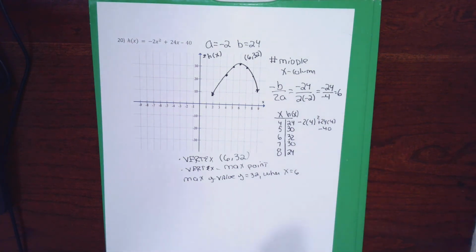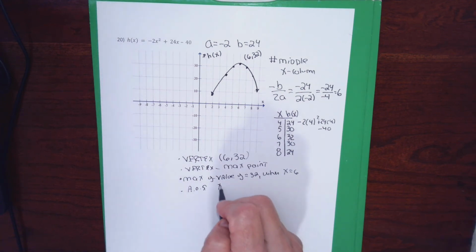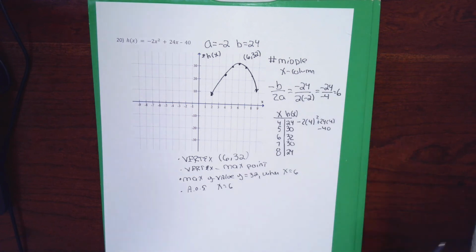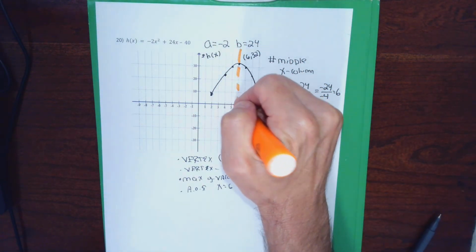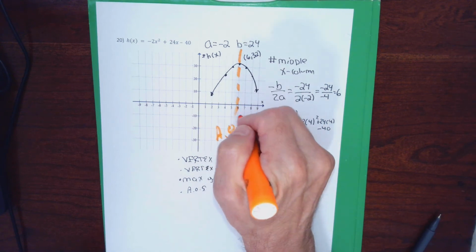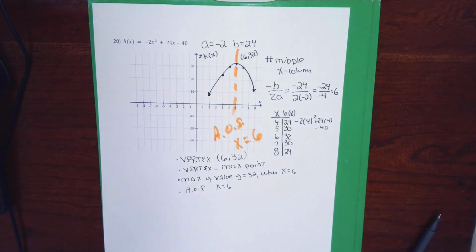This is how we start to get lazy, instead of writing whole sentences, or writing something that kind of approximates the sentence. And then axis of symmetry, which I need to draw in. x equal to 6. Let me draw it in. This is my axis of symmetry. And the axis of symmetry always has the equation x equals the x coordinate of the vertex.